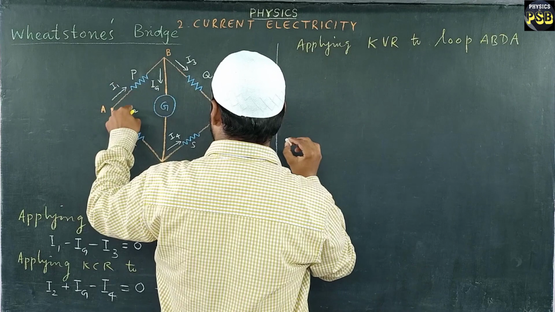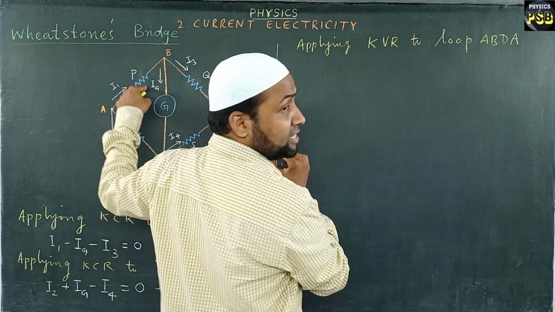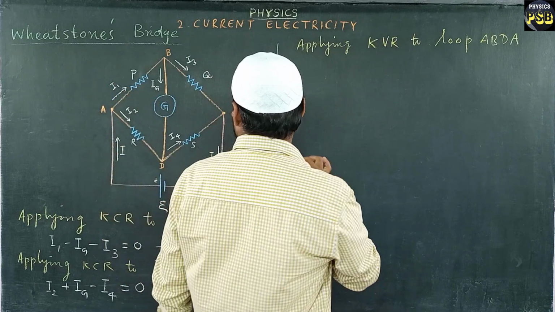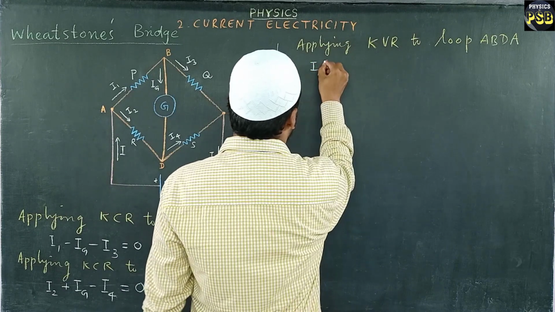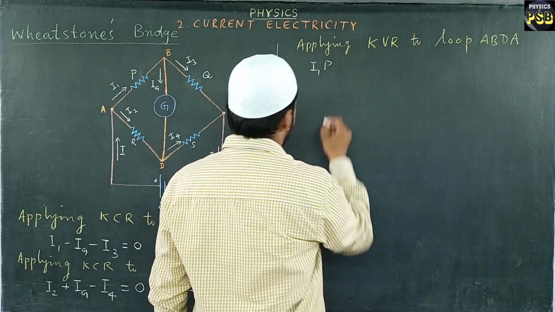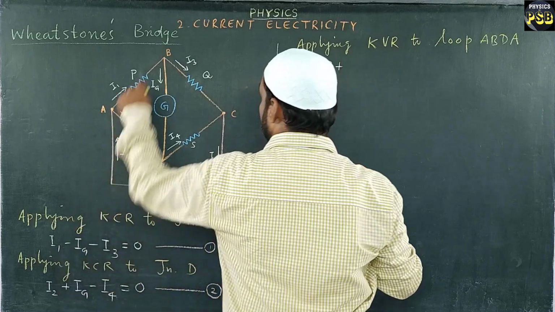Here the current flowing through resistance P is I1. I multiply this current with the resistance P. Then I add this.